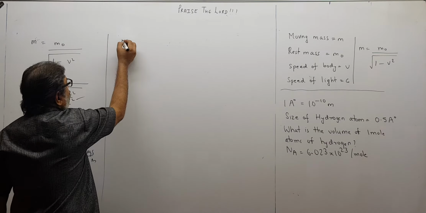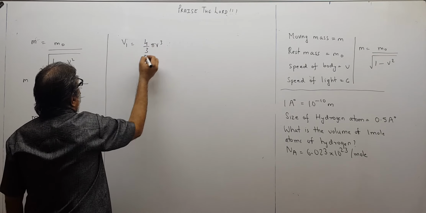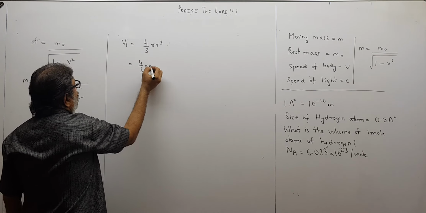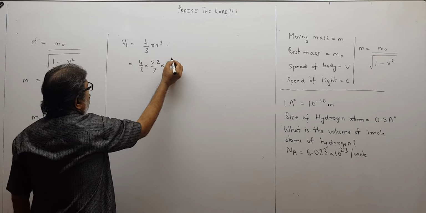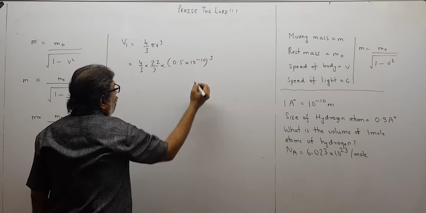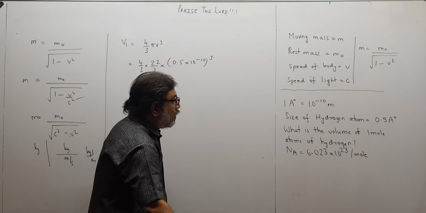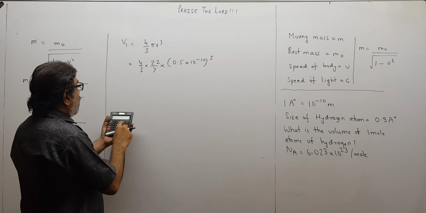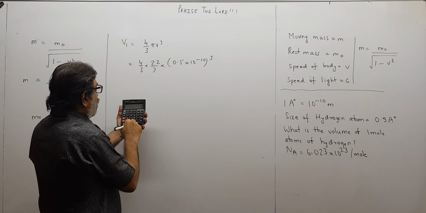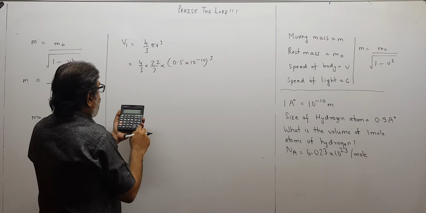So first we find volume of one atom, that will be 4 upon 3 pi r cube. So 4 upon 3, 22 upon 7. This will be 0.5 into 10 raised to minus 10 cube, because 0.5 angstrom and angstrom means these many meters. So now children, I divide and multiply 4 into 22 into 0.5 into 0.5 into 0.5.